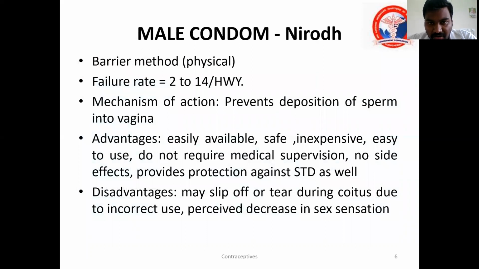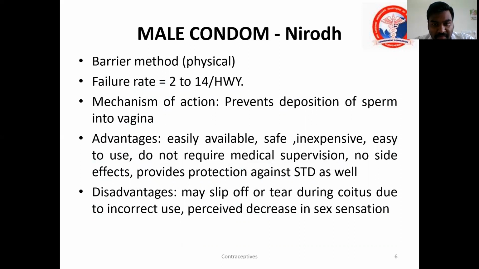Okay. First, male condom. It has a trade name called Nirodh. It is a barrier method which comes under temporary methods of family planning, and it has a failure rate. If you see the failure rate, it is high, around 2 to 14 per 100 woman years.